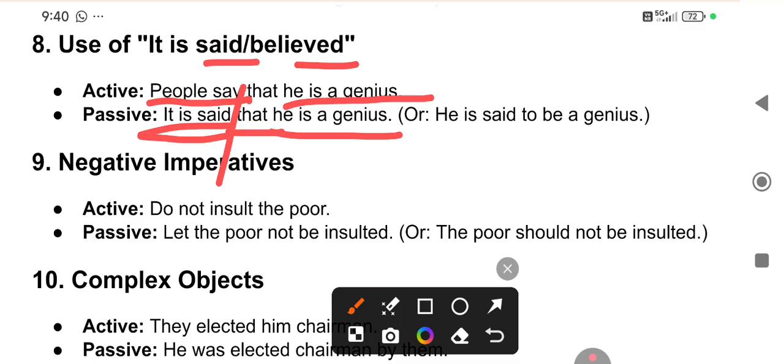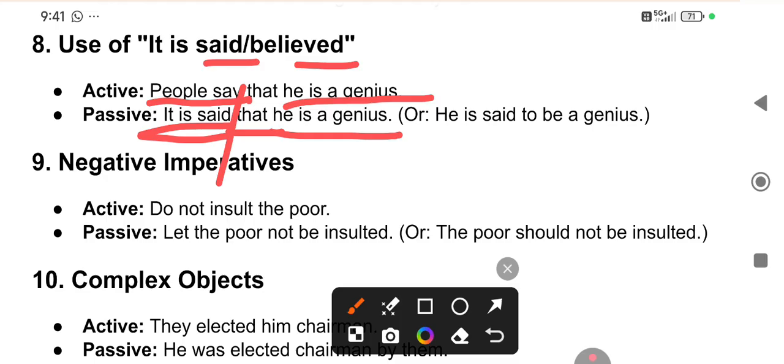People say that. So the sentence for this is it is said or it is believed. Use it is said or it is believed in case the sentence starts with people. People say that he is a genius. It is said that he is a genius, right?